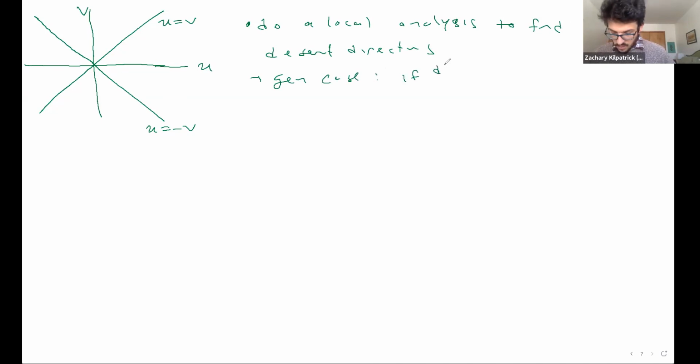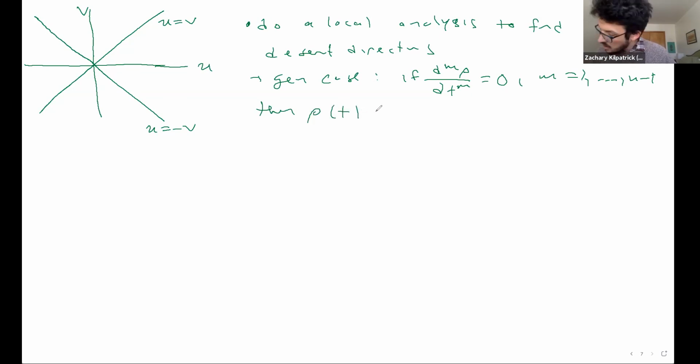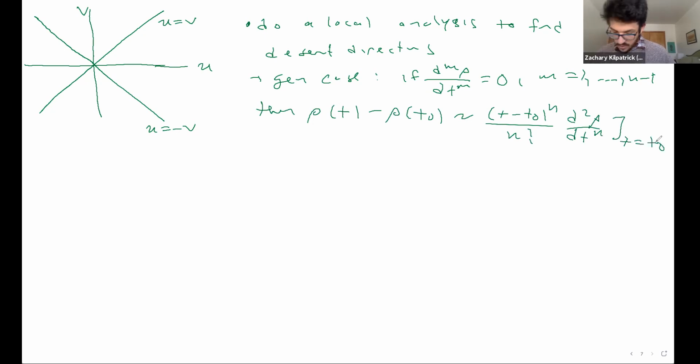if d^m rho dt^m is equal to 0 for m equals 1, 2, 3, up to some n minus 1, then rho of t minus rho of t0 is going to be asymptotically given by t minus t0 to the n over n factorial, the typical Taylor series approximation. t equals t0 here.